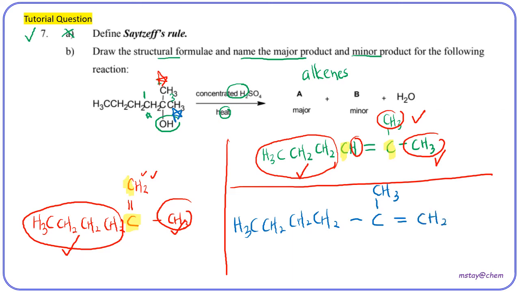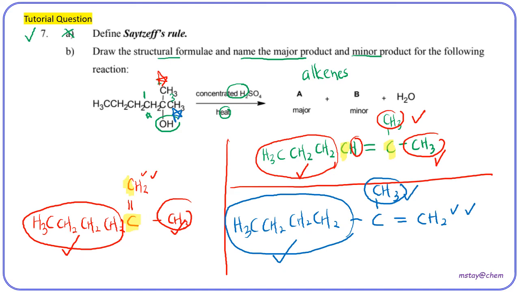So again, this alkene, with the blue color here, also has 4 groups: 1, 2, 3, and 4 are hydrogen. So among these 4, again we have 2 that are alkyl groups.